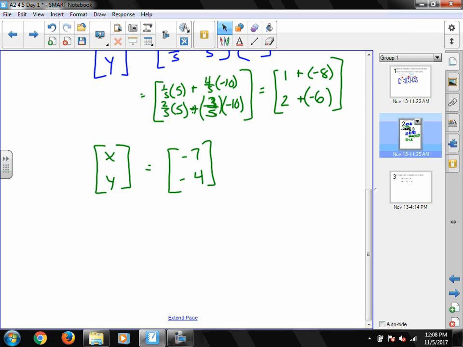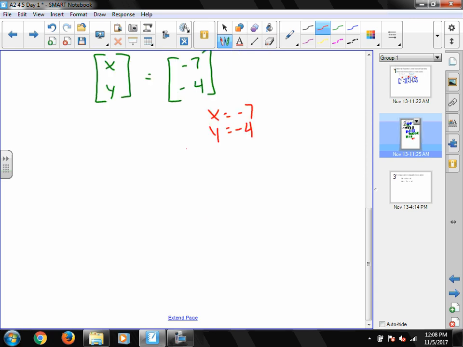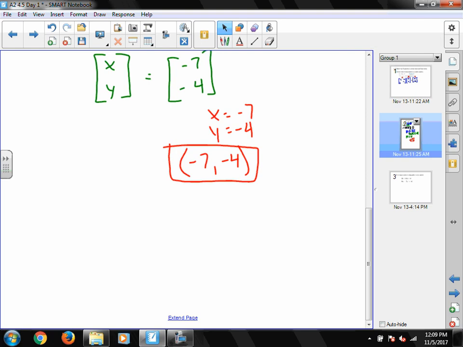So my final answer, if you remember anything about our equal matrices, the two corresponding parts have to be equal. So x has to be negative 7. Y is going to be negative 4. And my final answer in an ordered pair, negative 7, negative 4. That's what I'm looking for.